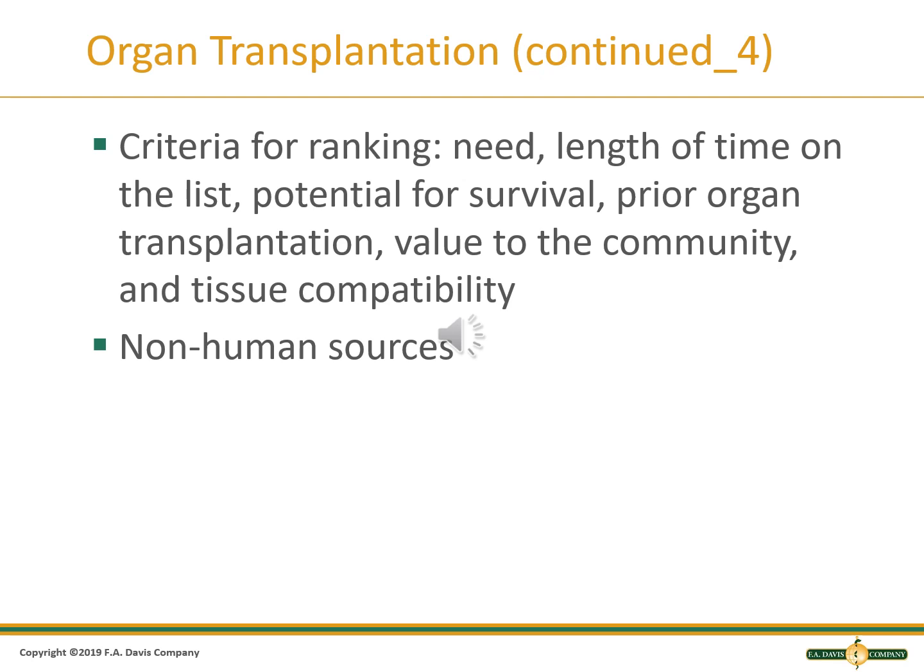So the criteria that they use for ranking include the patient's need, the length of time they've been on the donor list, the person's likelihood for survival, has the person received an organ transplantation in the past already, is there value to the community for this person receiving it, and tissue compatibility. Of course, they have to be compatible with the donor.